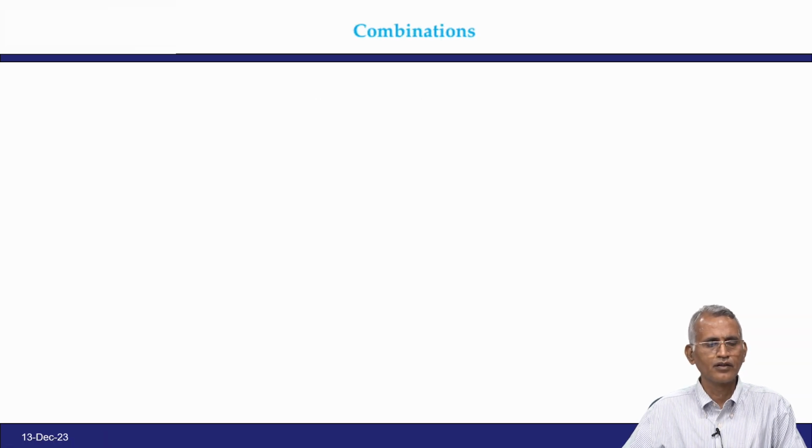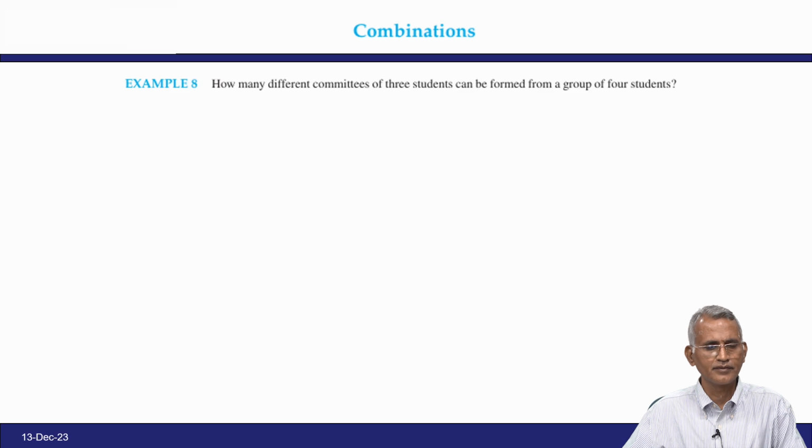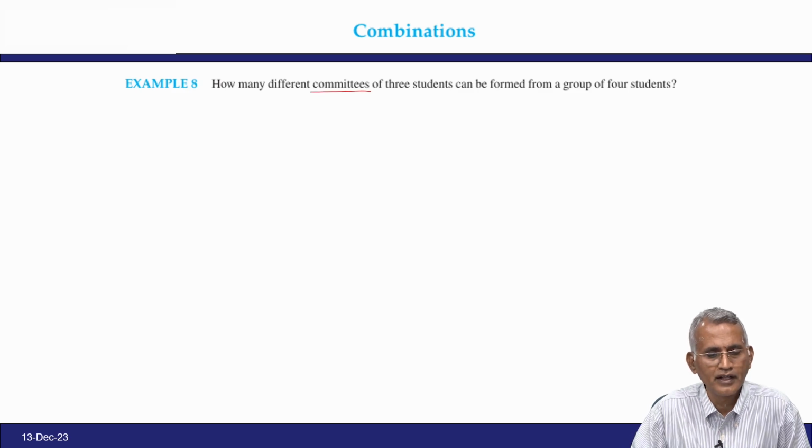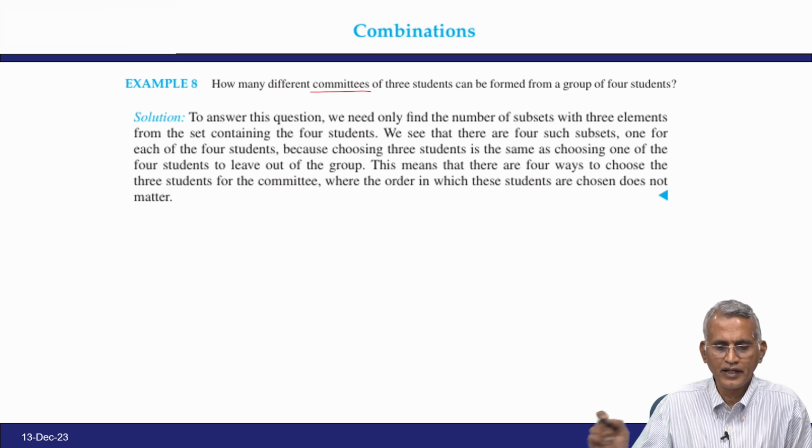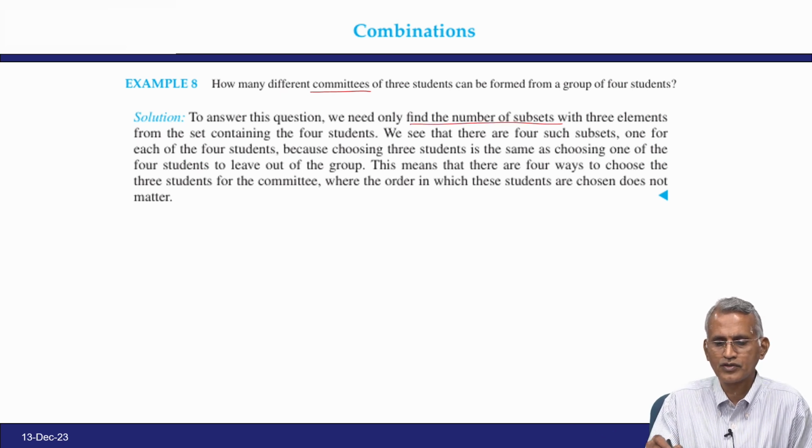Next, we will discuss combination. Now, how many different committees of 3 students can be formed from a group of 4 students? To answer this question, we need only find the number of subsets with 3 elements from the set containing the 4 students.